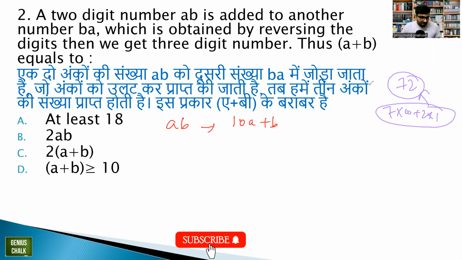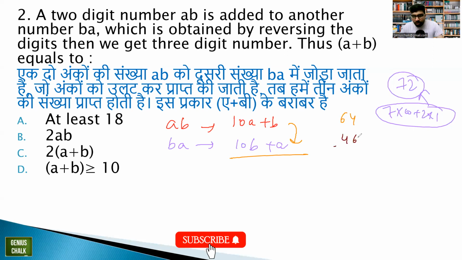Now, if I try this question in this way, if I convert this number to BA, that will be 10B plus A. And now see, if both are added, let's take a number 64. What is the interchange form of this?